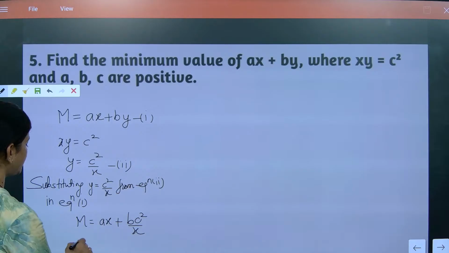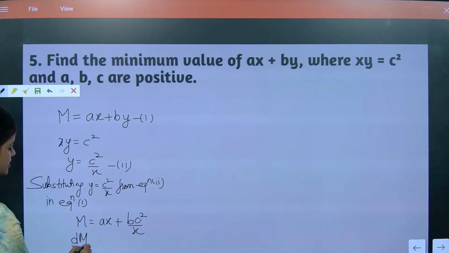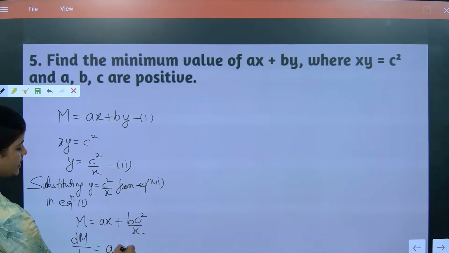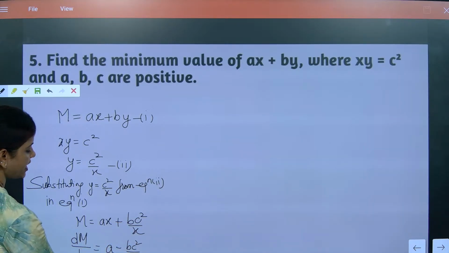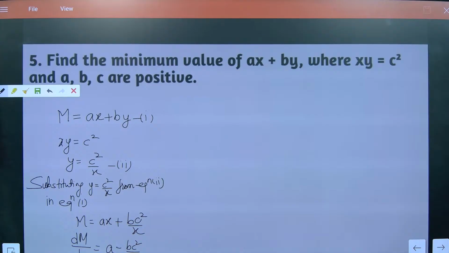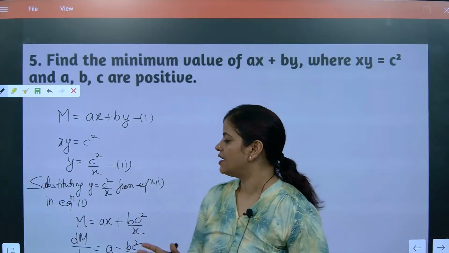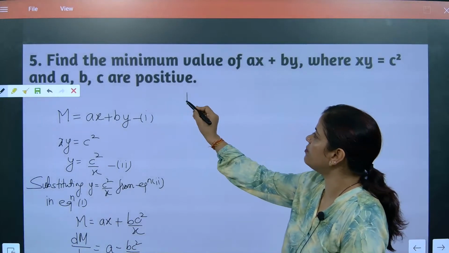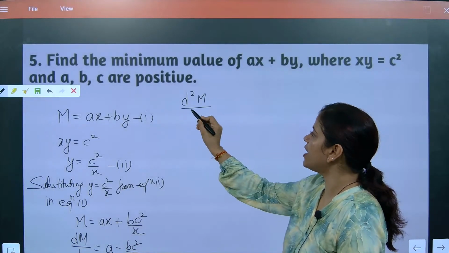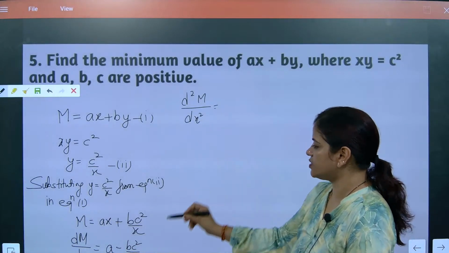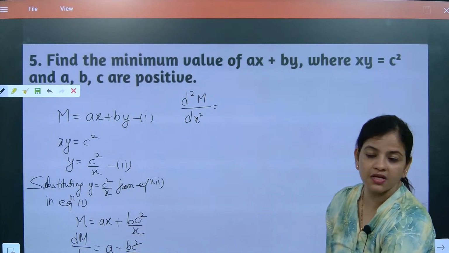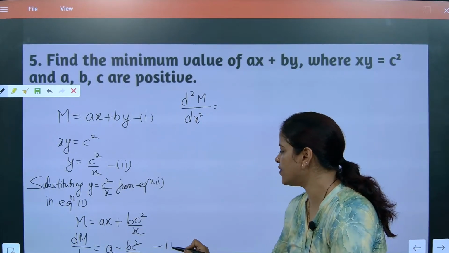So beta, after that you need to find dm by dx. What it is coming? A minus bc square by x square, because differentiation of 1 by x is minus that part. Now again one more time we will differentiate. Next time when we are differentiating, what will come, beta? d2m by dx square is equal to differentiation of a will become this, take it as equation 3.